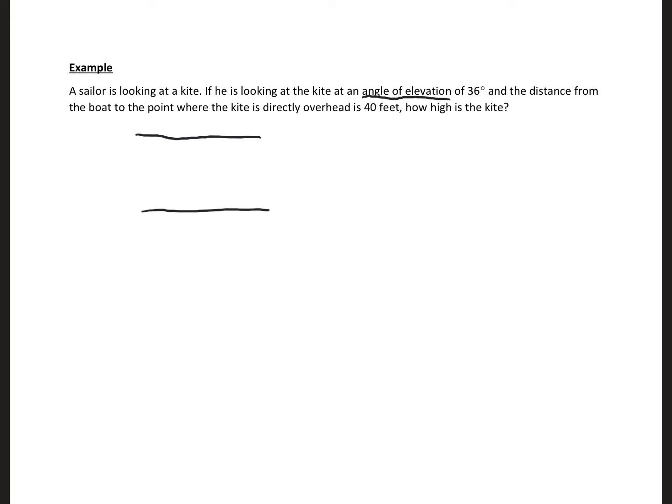So I'm going to take this diagram, and I know the angle of elevation must be this angle, 36 degrees. So we're going to fit a right triangle to this picture and use some right triangle trigonometry.